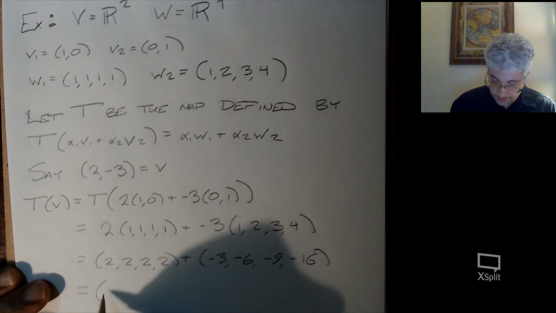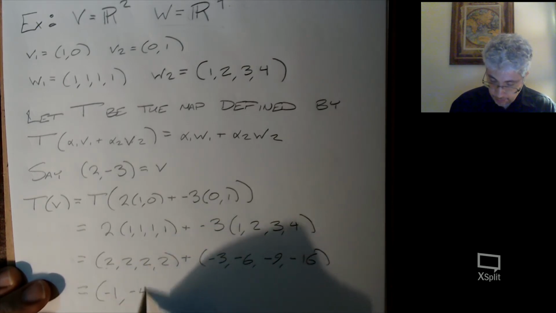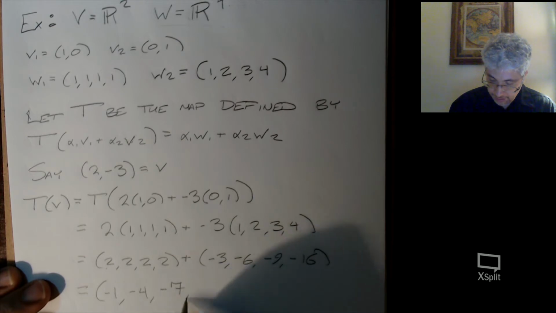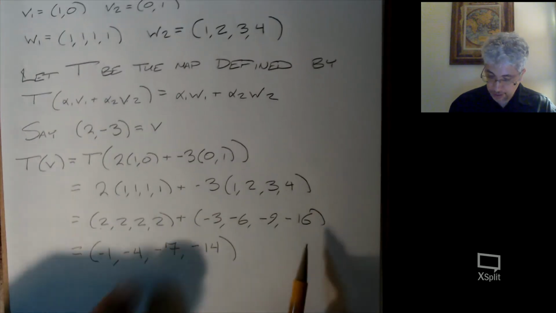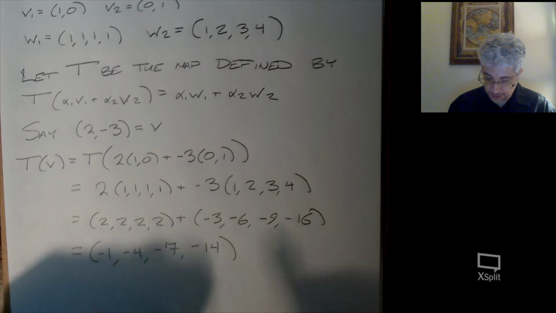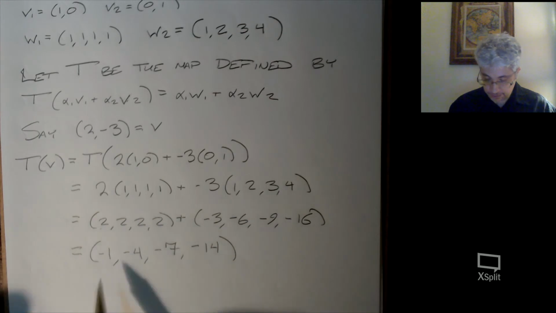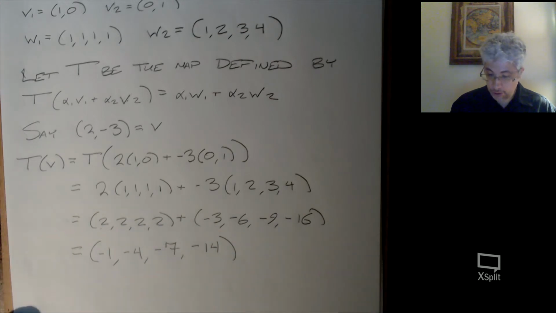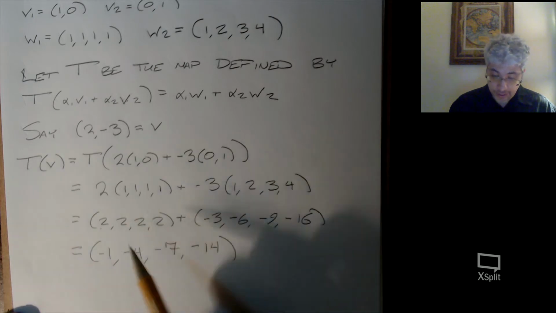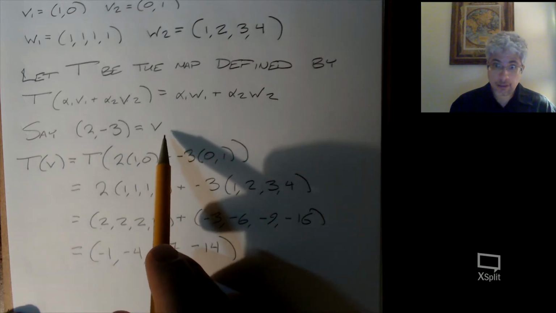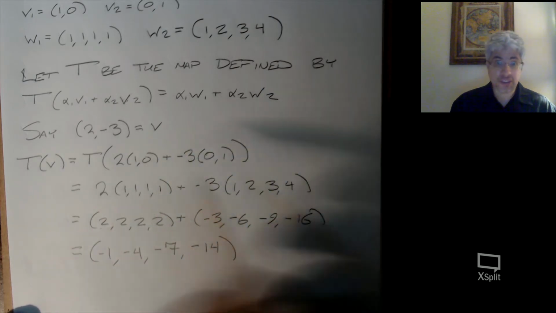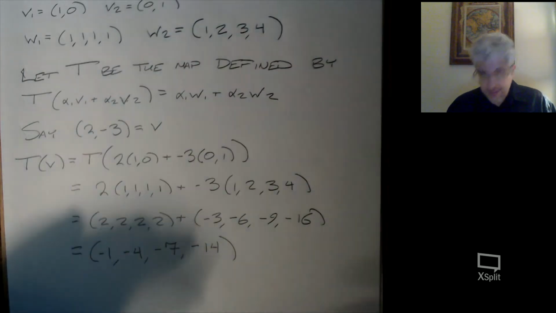And this is equal to (-1, -4, -7, -10), because 2 plus negative 3, 2 plus negative 6, 2 plus negative 9, and 2 plus negative 12 are these 4 numbers. So that's an example, but of course I can do this for any V. Hopefully now you can see how this is always determined in a little case.